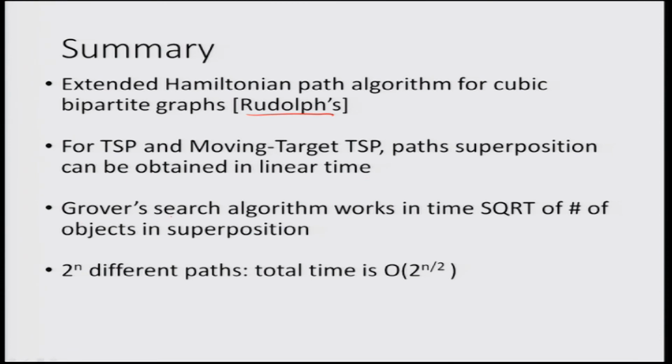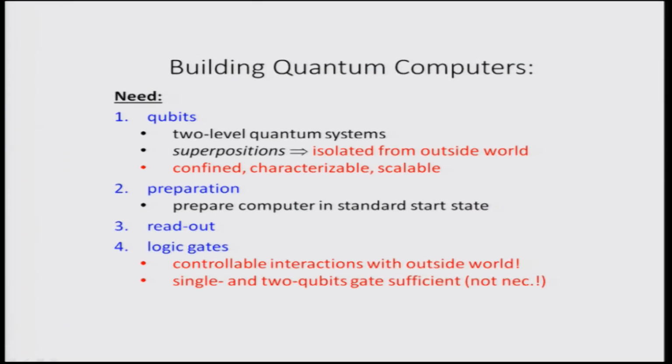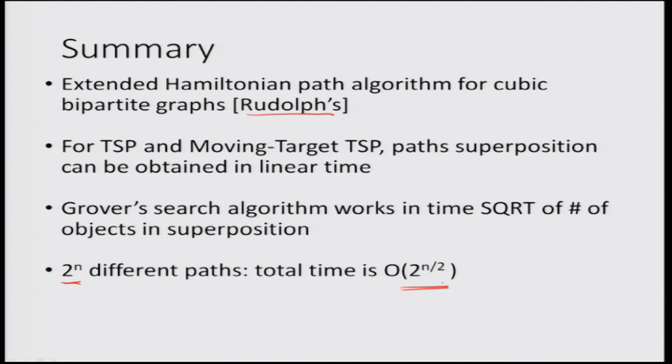The Grover search algorithm works in square root of the number of objects in superposition, and there are 2 to the power n different paths. So, the total time is order 2 to the power n over 2, which gives a benefit over the way classical algorithms are applied to non-deterministic polynomial problems and their principles.